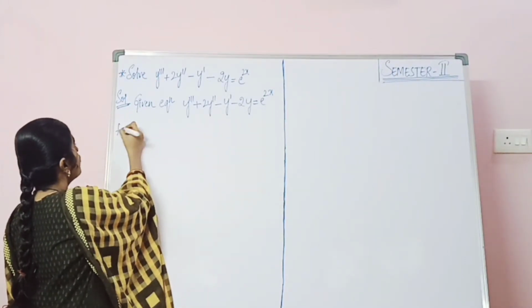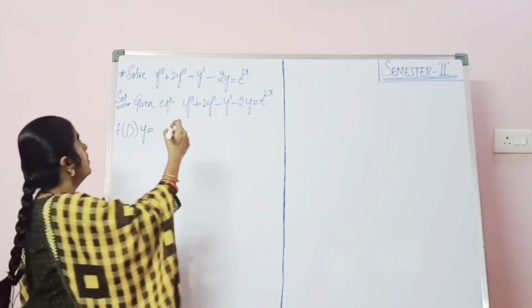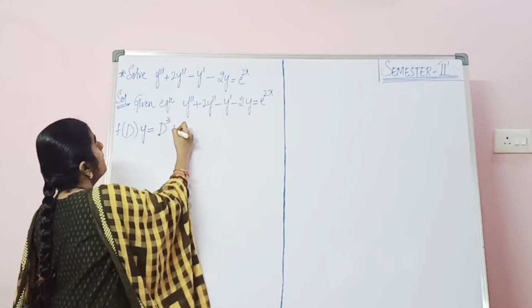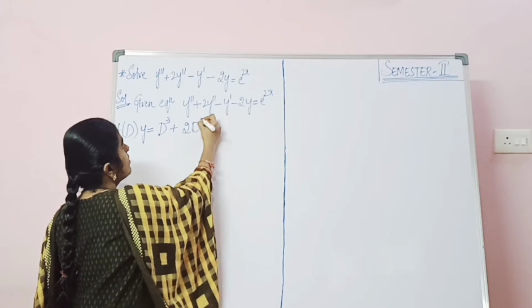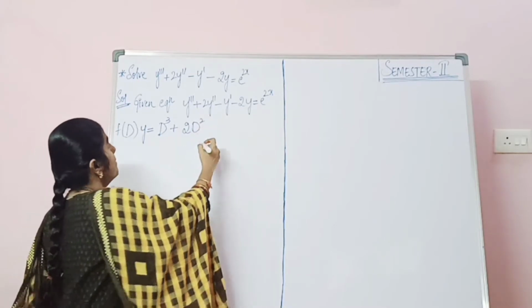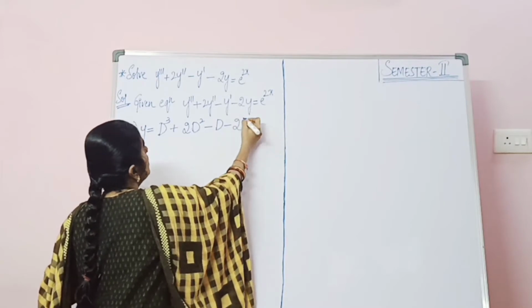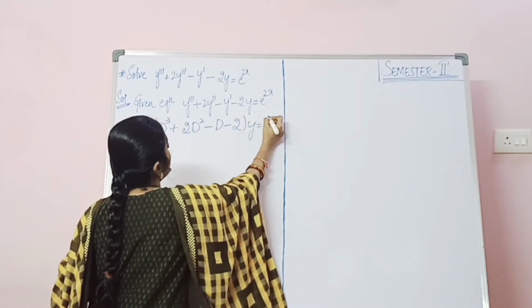What is the operator form here? f of D into y equals D cube plus 2D square minus D minus 2, into y, which equals e power 2x.